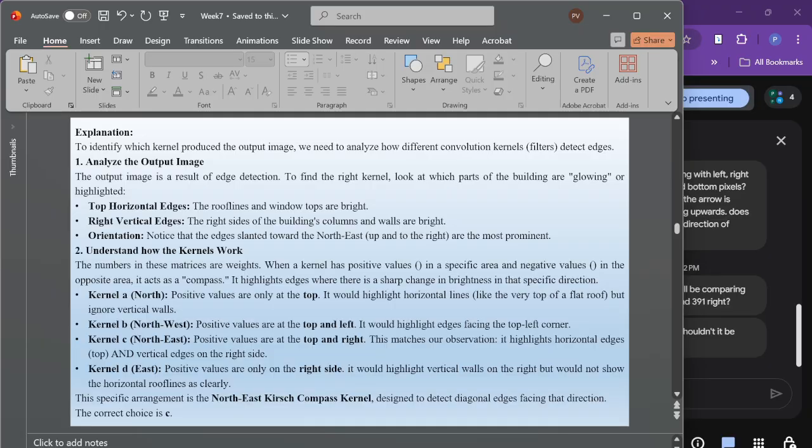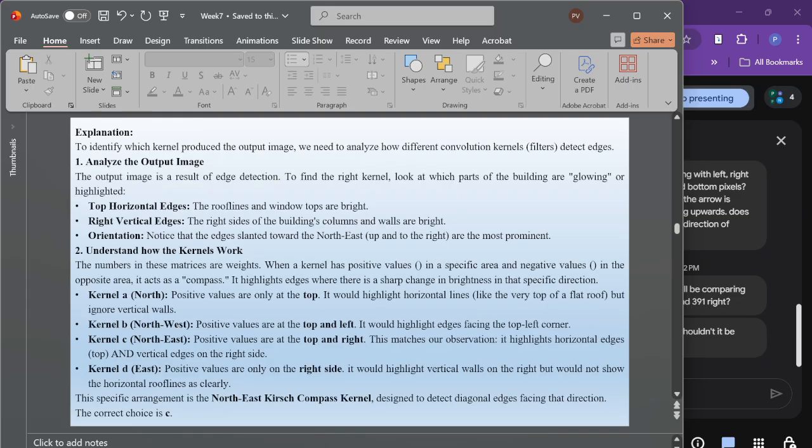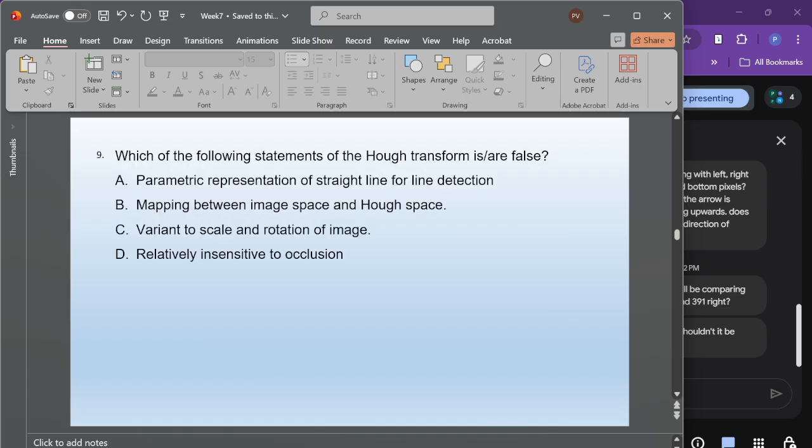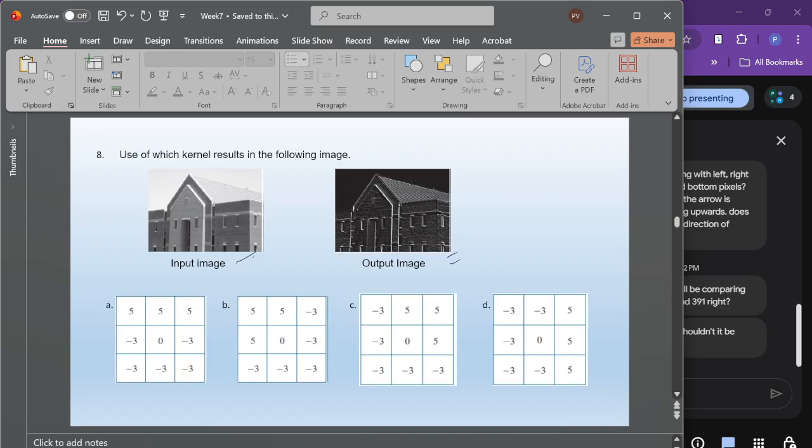And the right vertical edges, the right side of the building columns and walls, are bright. Notice that edges slanted towards the northeast, that is up and to the right, are the most prominent, the most glowing.